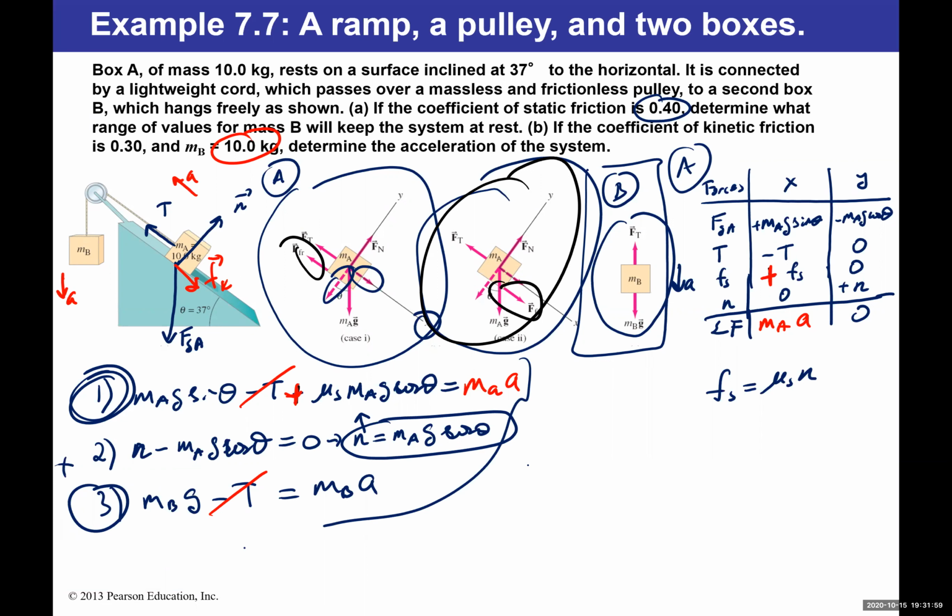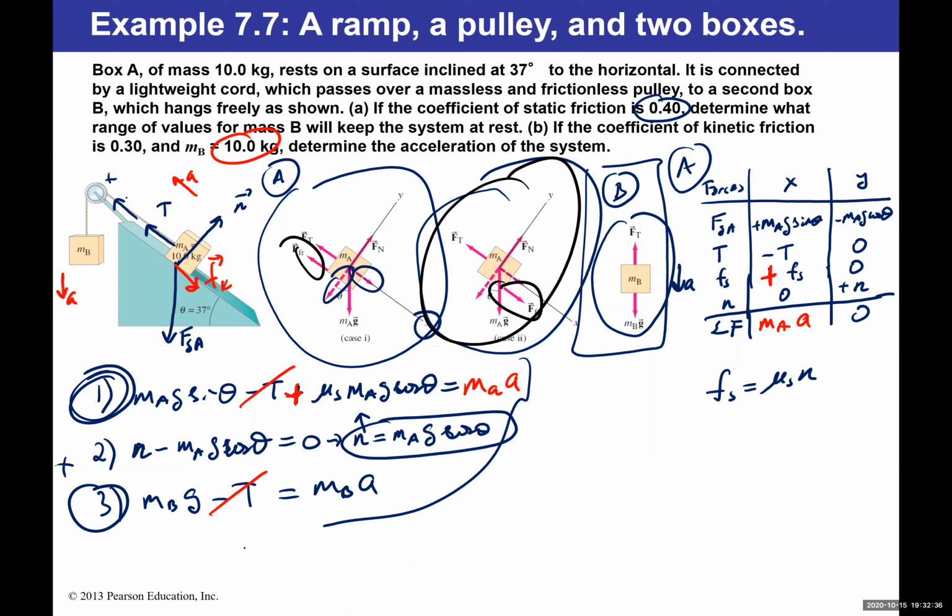So it gives me mBg plus mAg sine of theta. Oh, never mind, sorry. I have to make some changes here. Since block A is accelerating upward, I can take up as positive.